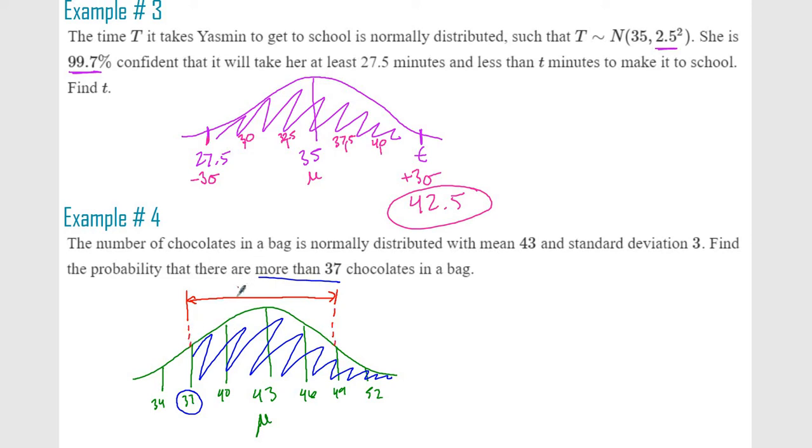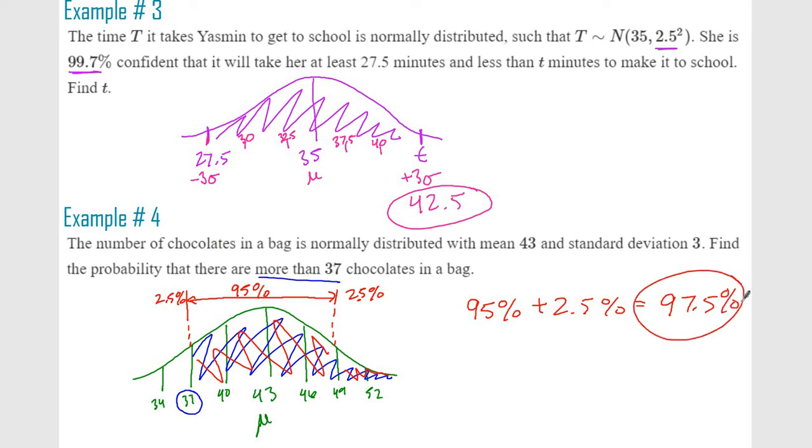Within 2 standard deviations, there is a 95% probability, which means the other side is 5%. So this side is 2.5, and this side is 2.5. Okay? So we want to know the probability of this blue part here plus this piece here. So 95% plus 2.5% is equal to 97.5%. Bam, that's all you got to do.